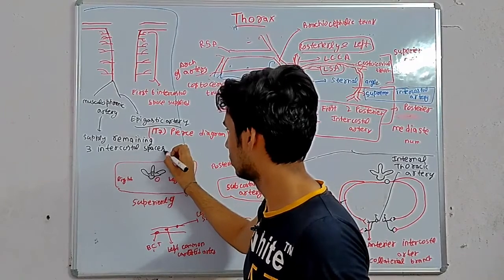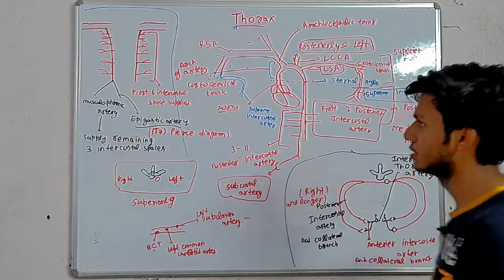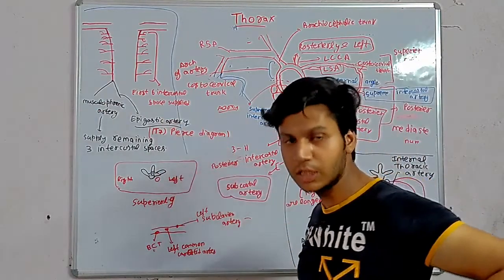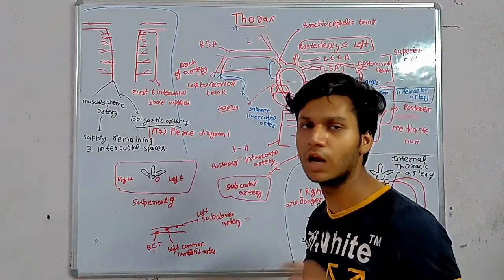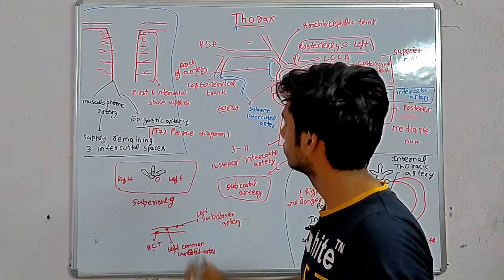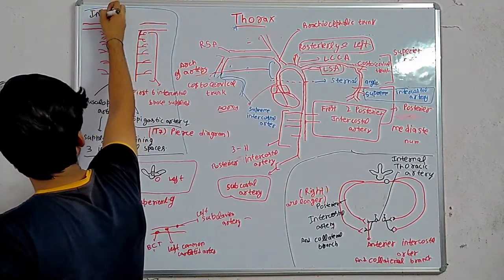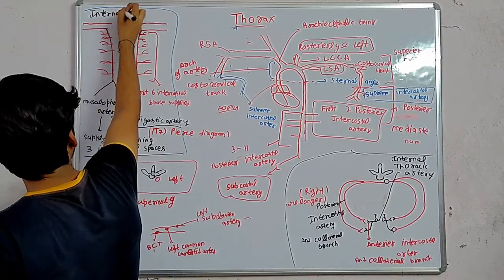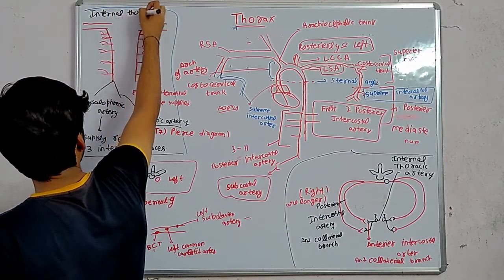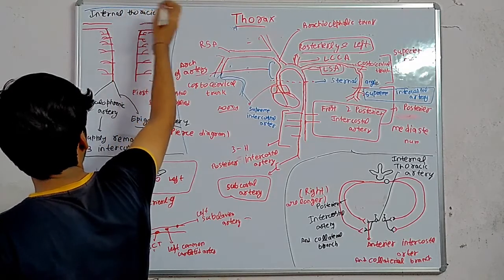It gives the anterior intercostal arteries, and these branches form anastomoses with the posterior intercostal arteries. That's all. So this is the role of the internal thoracic artery.